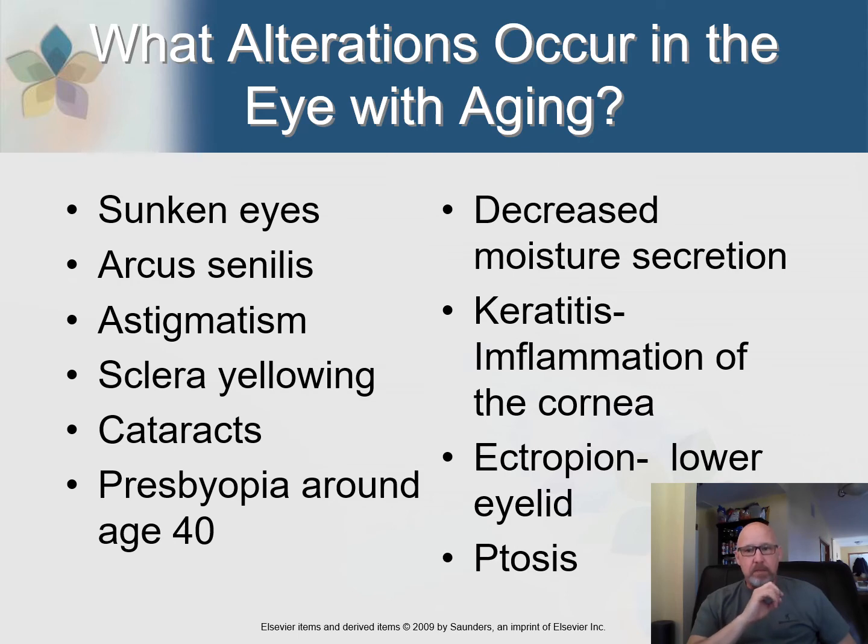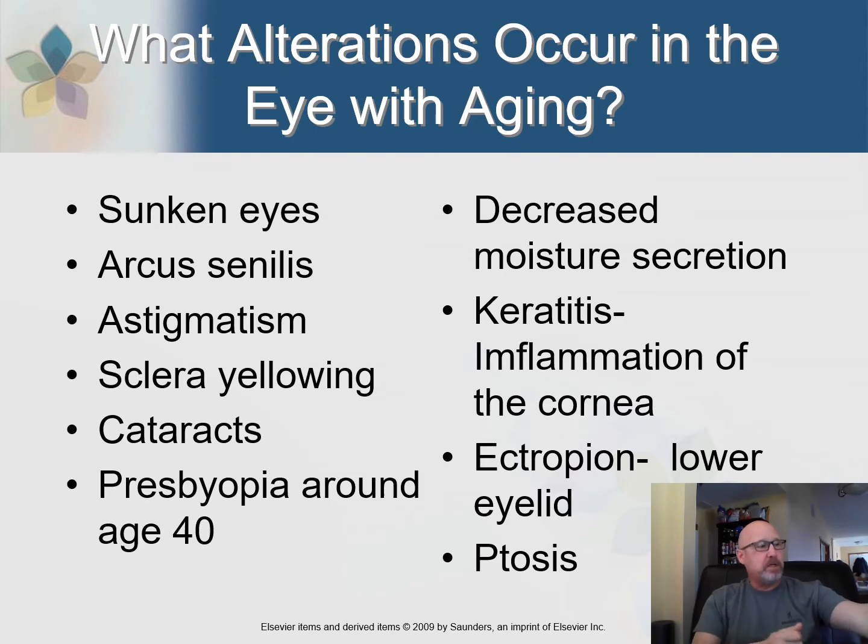Cataracts may form, but also you develop what's known as presbyopia. Presbyopia is basically eyes over 40 years of age, and you no longer have the ability to adjust, so you can't focus on things that are close.